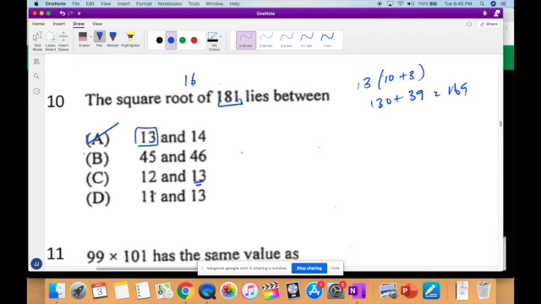And you're getting real close to the 180 there. So chances are 14 squared is 14 times 14. 10 plus 4. That's 140 plus 4 4s are 16. Carry the 1, 4 is 4, 1 is 5. So that's 196. So that's definitely there. So that means that your answer is definitely A. Yeah.